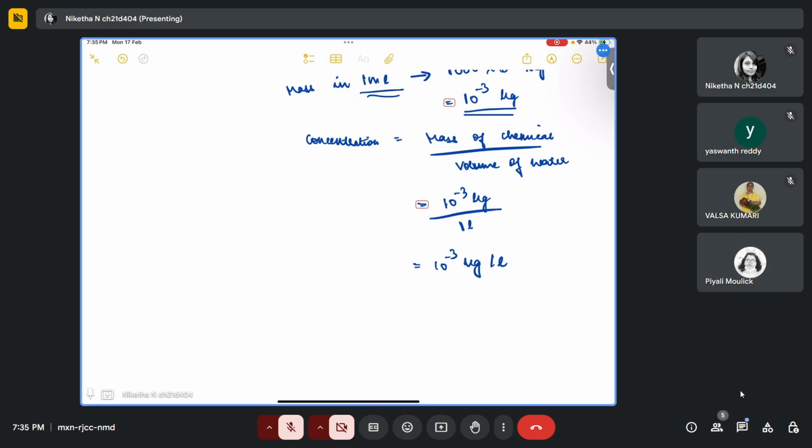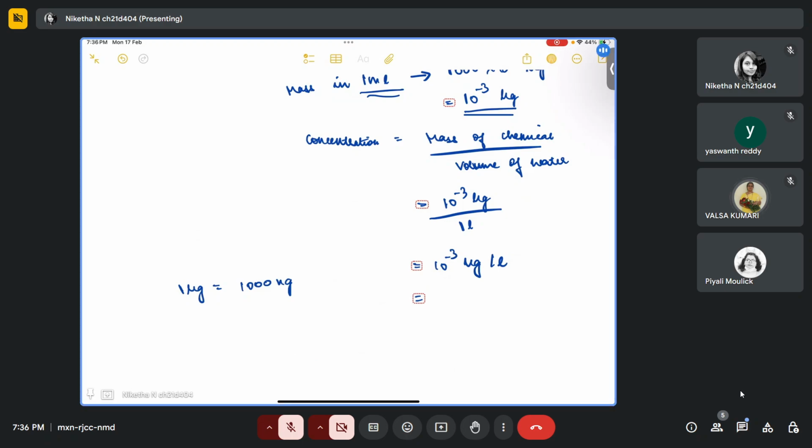How will we convert? 1 microgram is 10 power 3 nanograms, that is 1000 nanograms.